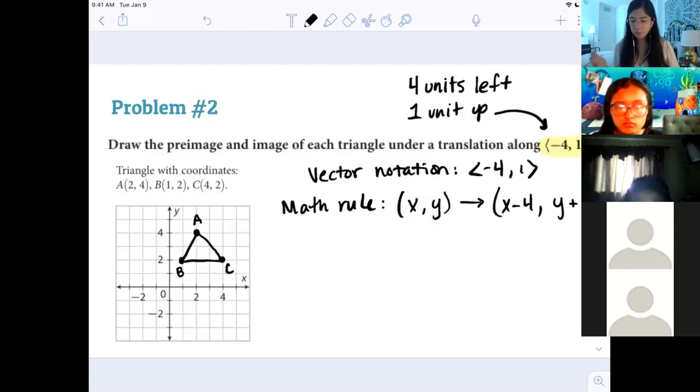I know that I need to move each point 4 units to the left and 1 unit up. I'm going to start with A. Move it 4 units to the left, 1, 2, 3, 4, and 1 unit up. What do I call this new point?